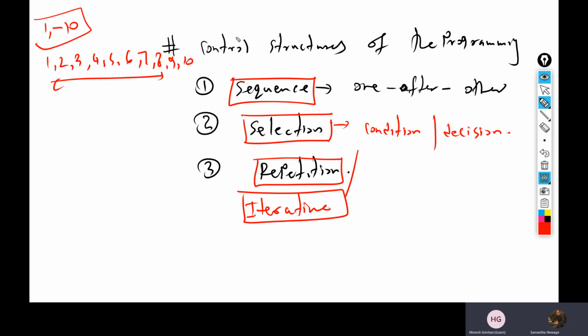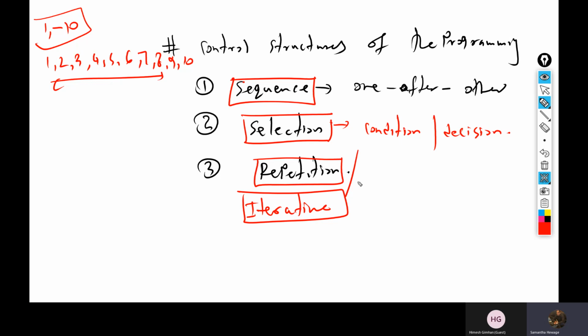Edexcel is also far more similar to the local syllabus, but Cambridge is different from Edexcel and local, because I taught all three syllabuses up to A level, so I am very familiar. I know what is best.